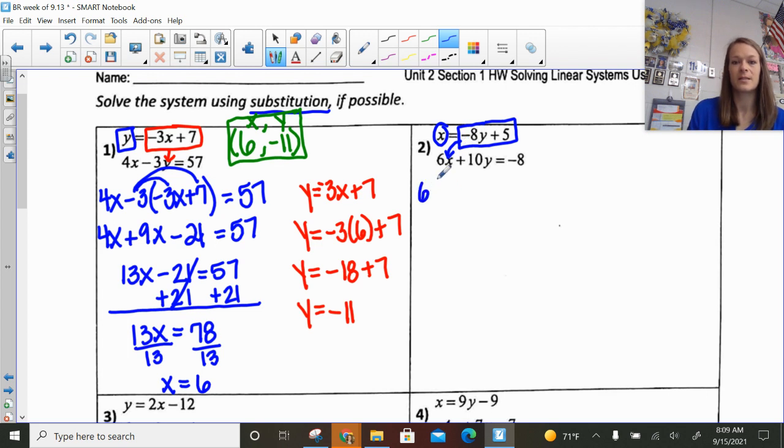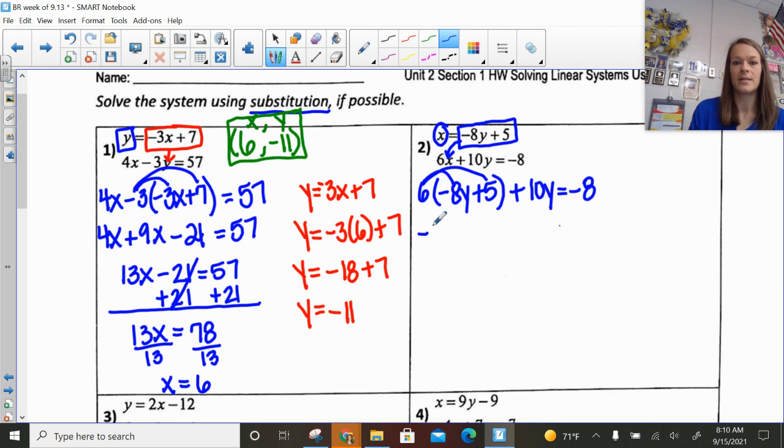So I'm going to have 6 parentheses. Then I'm plugging in everything I just boxed off here. I plug that in for x, plus 10y equals negative 8. All right, I have to distribute.